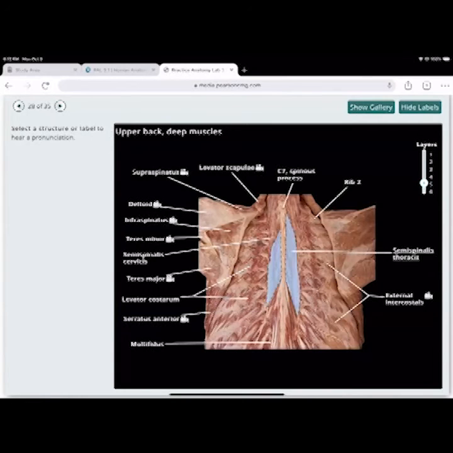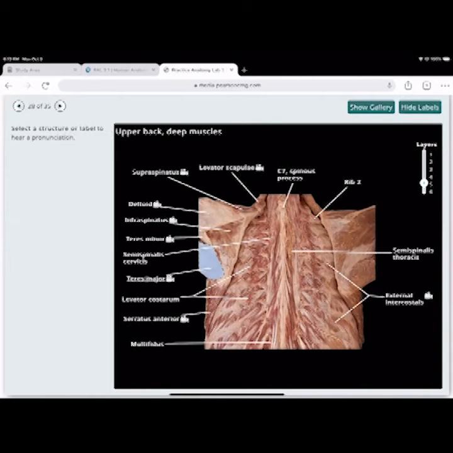There we go. All right, C7. So we're down right at the end of the cervical vertebrae and beginning of the thoracic vertebrae. That's the spinous process. You have your levator scapulae muscle on the side of the neck, your supraspinatus, your deltoid, your infraspinatus. There's a teres minor. There's a teres major.